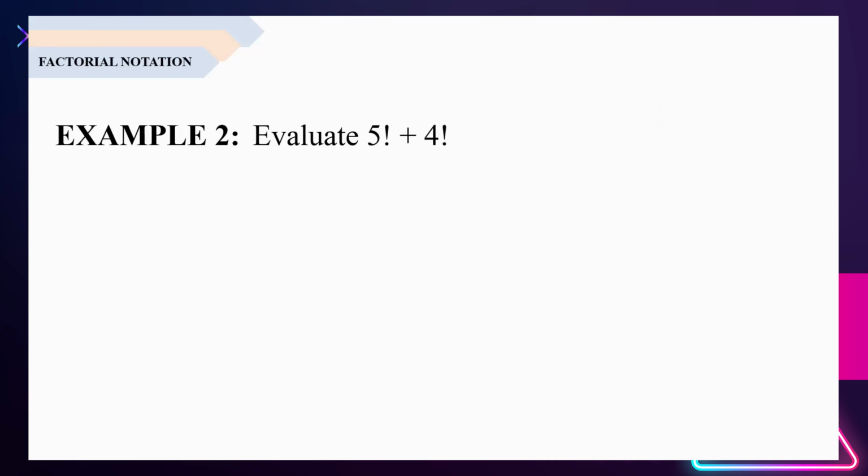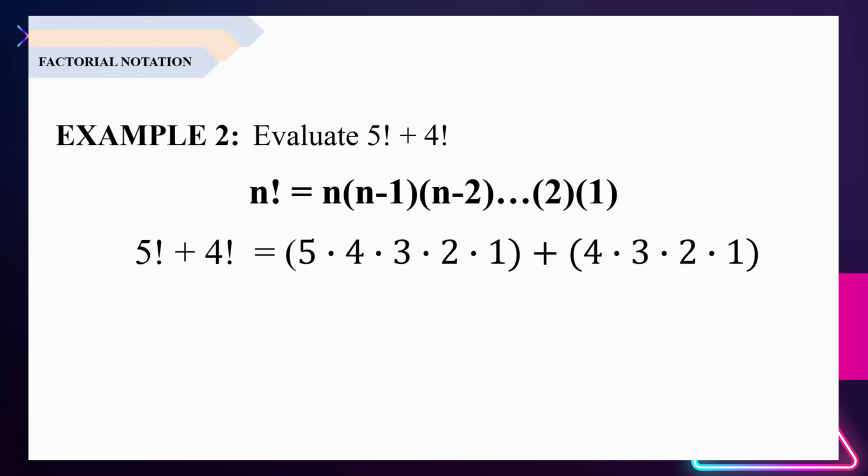Example number 2. Evaluate 5 factorial plus 4 factorial. Using the formula, n factorial is equal to n times n minus 1 times n minus 2 until 2 times 1, we have 5 factorial is equal to 5 times 4 times 3 times 2 times 1 plus 4 factorial, which is 4 times 3 times 2 times 1.